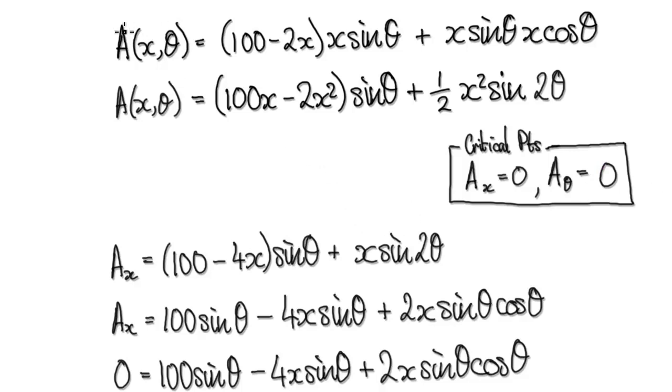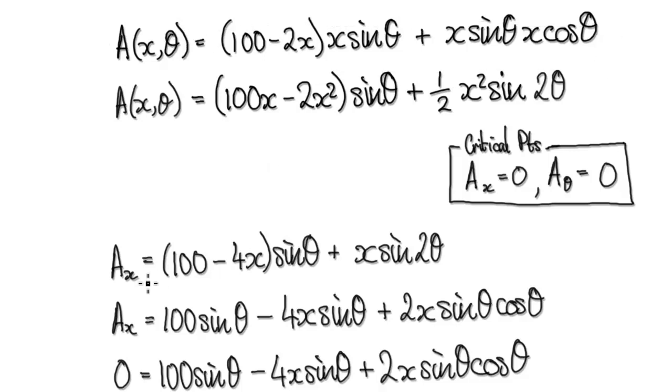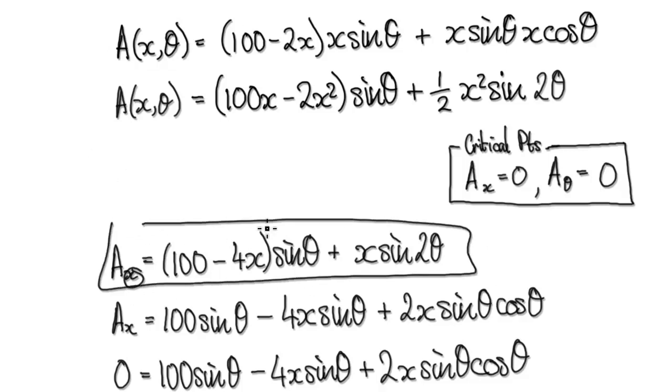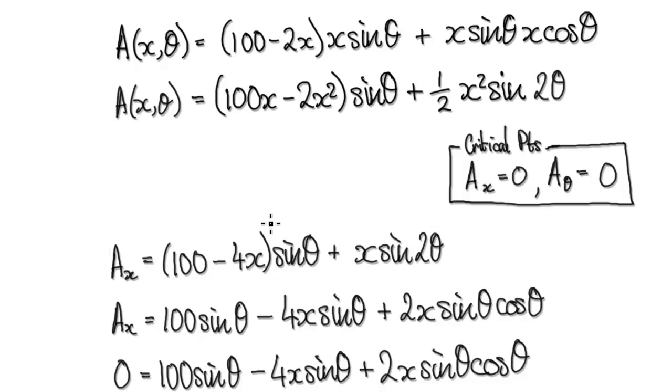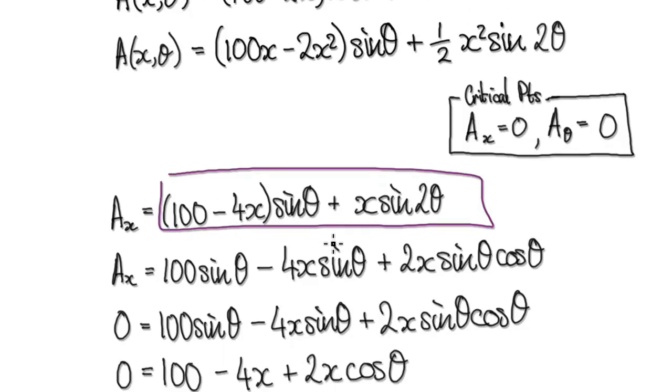So looking at this, let's partially differentiate it with respect to x. That will give us this thing here, and then, bear with me, that will give us this thing here, and then it's blah blah blah.